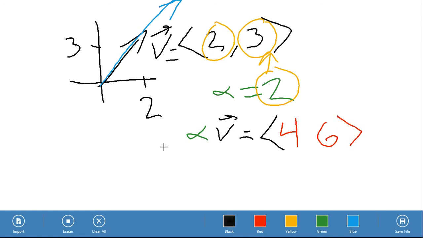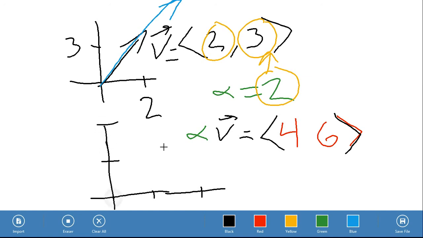And if you wanted to plot this, well, you can see it's going to go up. Here's our 2, so it's going to go up to 4. And if this was our 3, it's going to go up to 6.